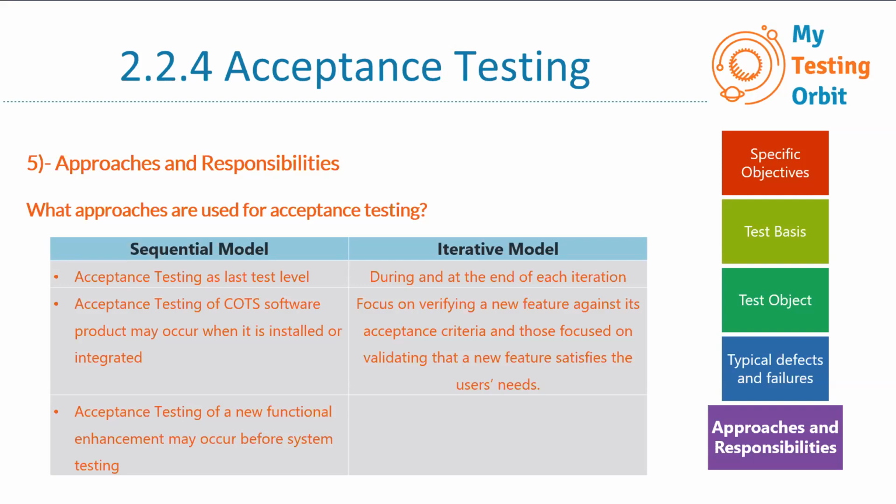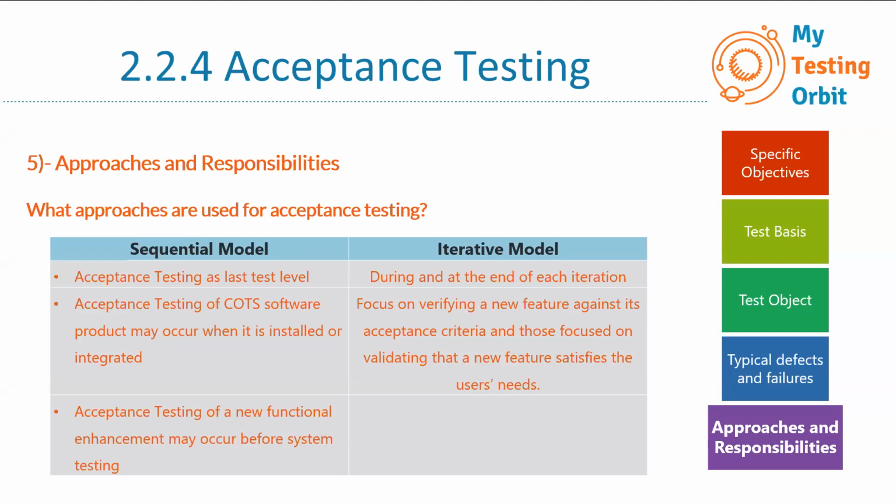Later on, we give it to system testers to perform system testing, who will perform detailed testing and include all the negative scenarios as well as the positive ones. So this is one scenario where the acceptance testing of a new feature might be done before system testing.